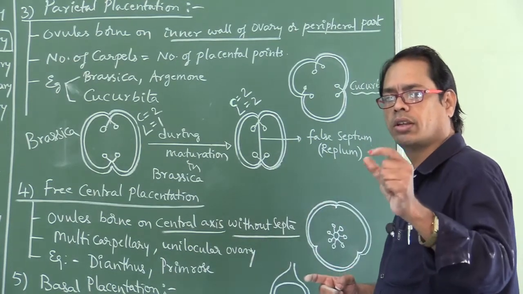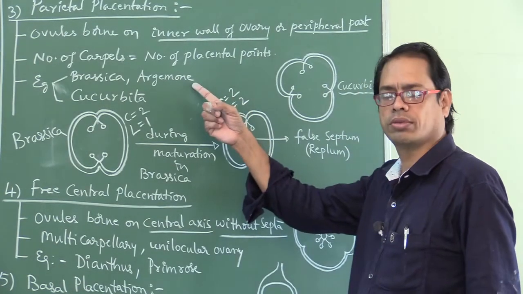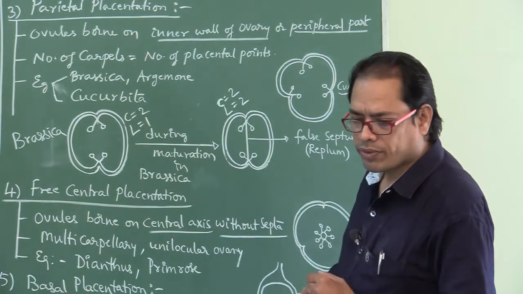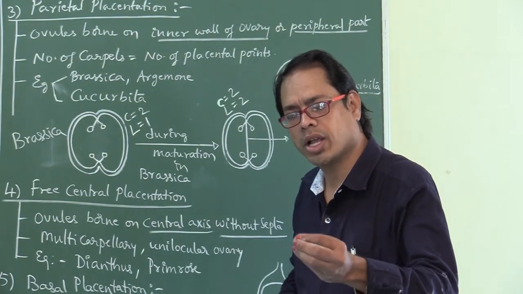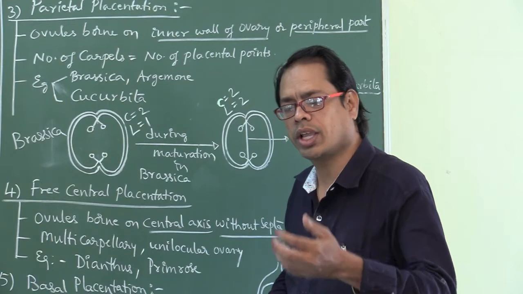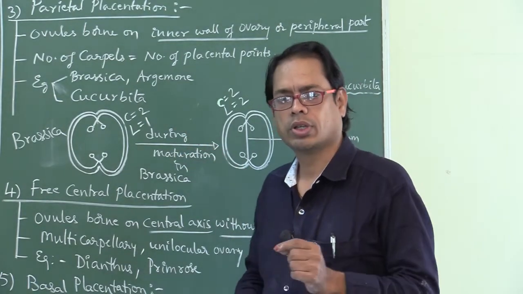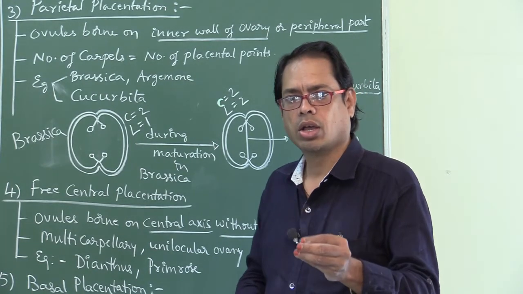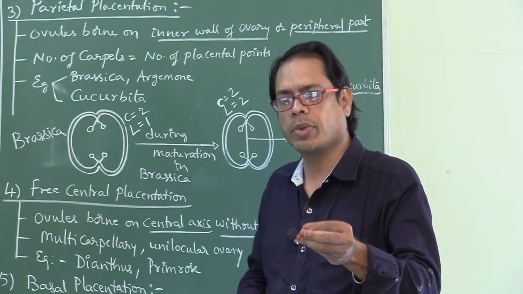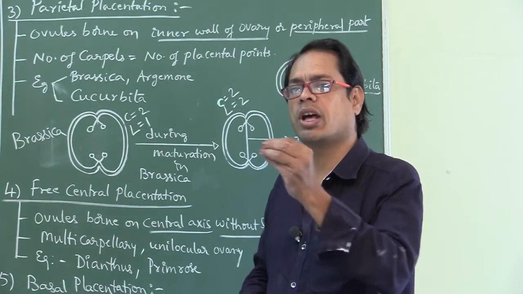This is found in Brassica and also Argemone. Now say true or false. In Brassica, unilocular ovary becomes bilocular ovary due to formation of false septum. True. Now one more question. In Brassica, monocarpellary ovary becomes bicarpellary ovary due to formation of false septum.